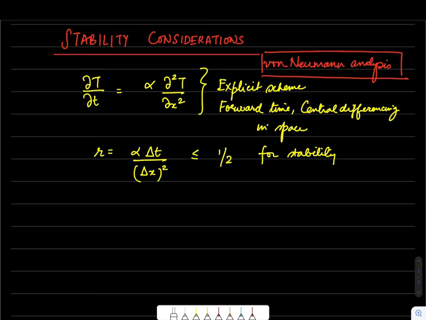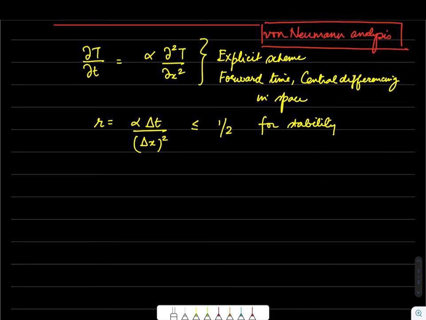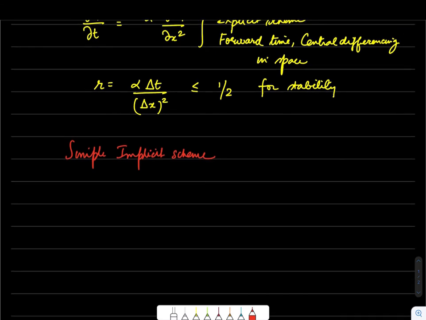So let me now show you a few more examples of where the von Neumann stability analysis can be used to comment on the stability of different linear equations. So let's look at the simple implicit scheme for the heat diffusion equation.